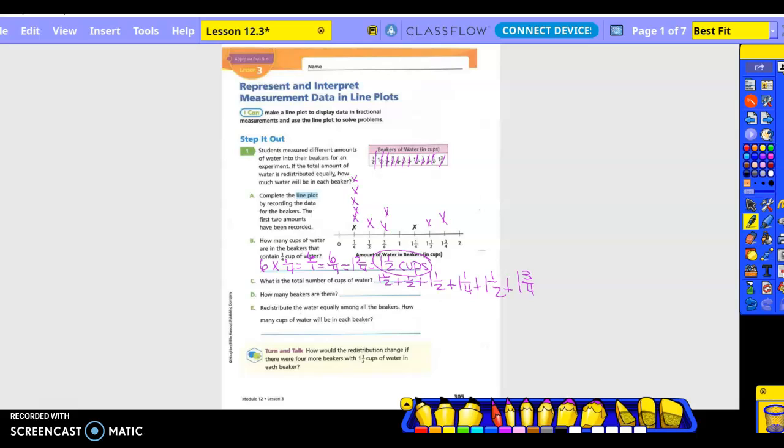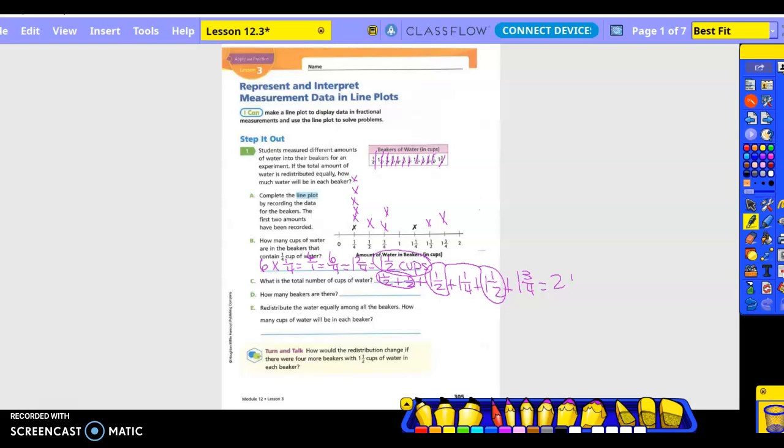Okay, so some of these we can group together real quick to make it a little easier, right? So we could go ahead and group this together. And then these 2 together, right? Okay, so what is 1 1/2 plus half?